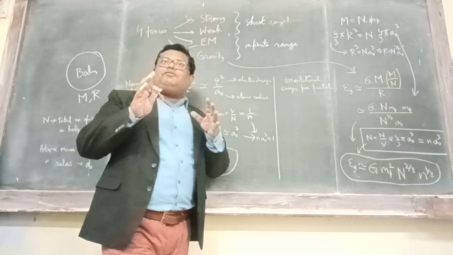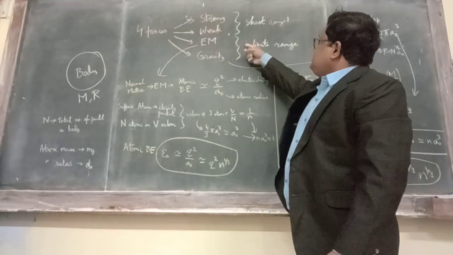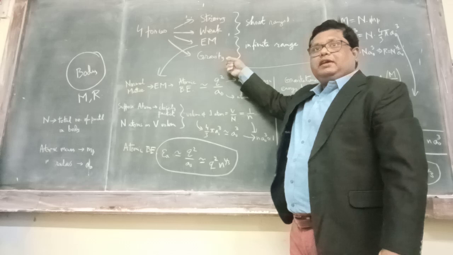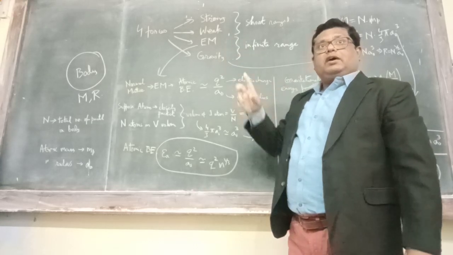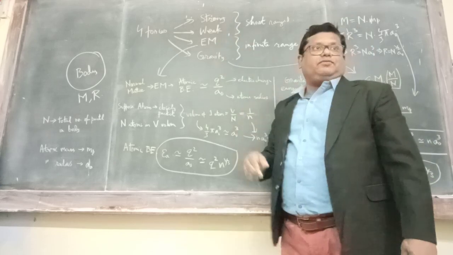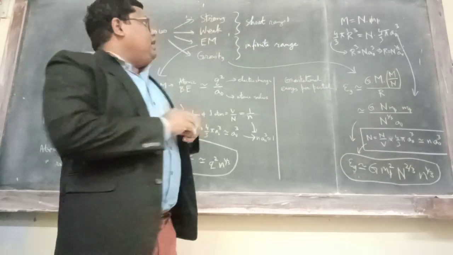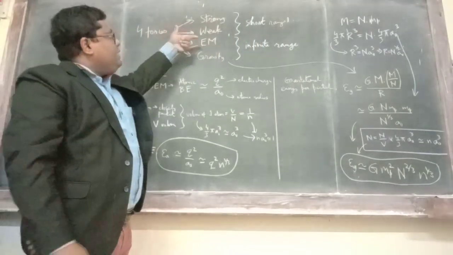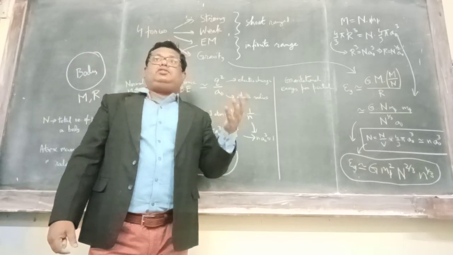Now, let's try to find a place for this poor child. As you can see, these two forces are very large, infinite range. So for gravity, the competition will be with the electromagnetic force, since both are very large range. Another very interesting thing is that electromagnetic interaction basically depends on the charge.